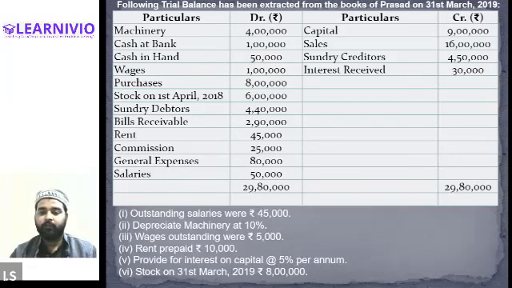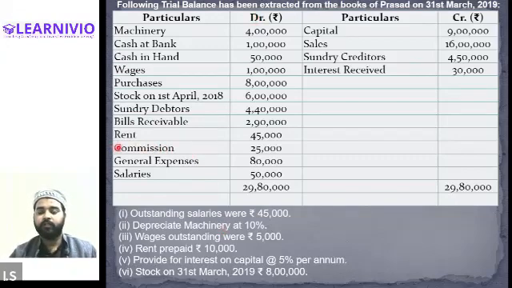Because this is the trial balance given in the question, right? And in the trial balance, you can see that commission has been shown in the debit column. That means it should be treated as an expense rather than income. Commission here means commission paid.